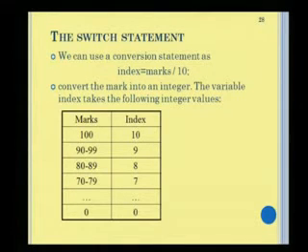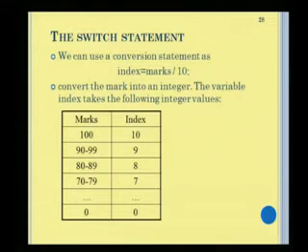Suppose we are having a program of such type, 100. Then the marks is 100, then the index value is 10. You are getting 10 if you obtain 100 marks out of 100. If you are obtaining 90 to 99, then your index will be 9. It is similar to the CPI and SPI from GTU.